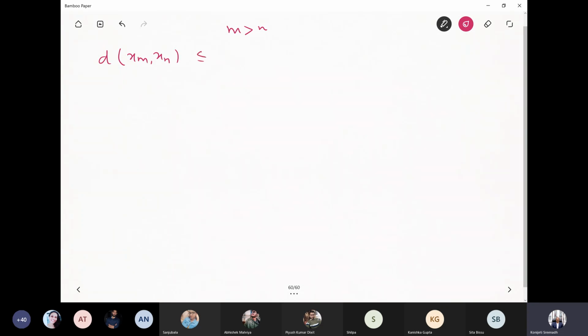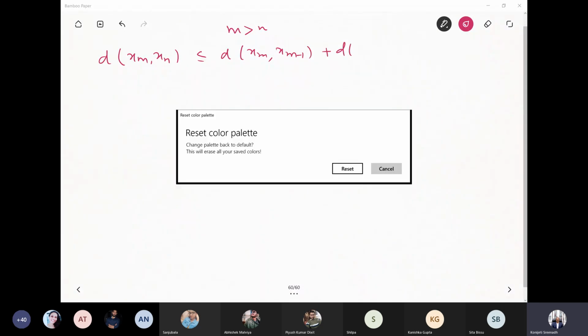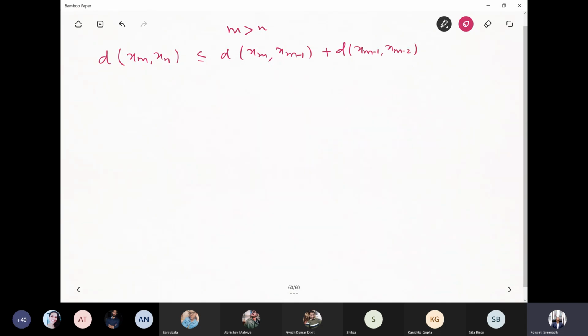Use the triangle inequality to write this as d of xn and xn plus 1, plus d of xn plus 1 and xn plus 2, and so on up to xm minus 1 and xm. Since m is greater than n, it goes from n to n plus 1 up to m.